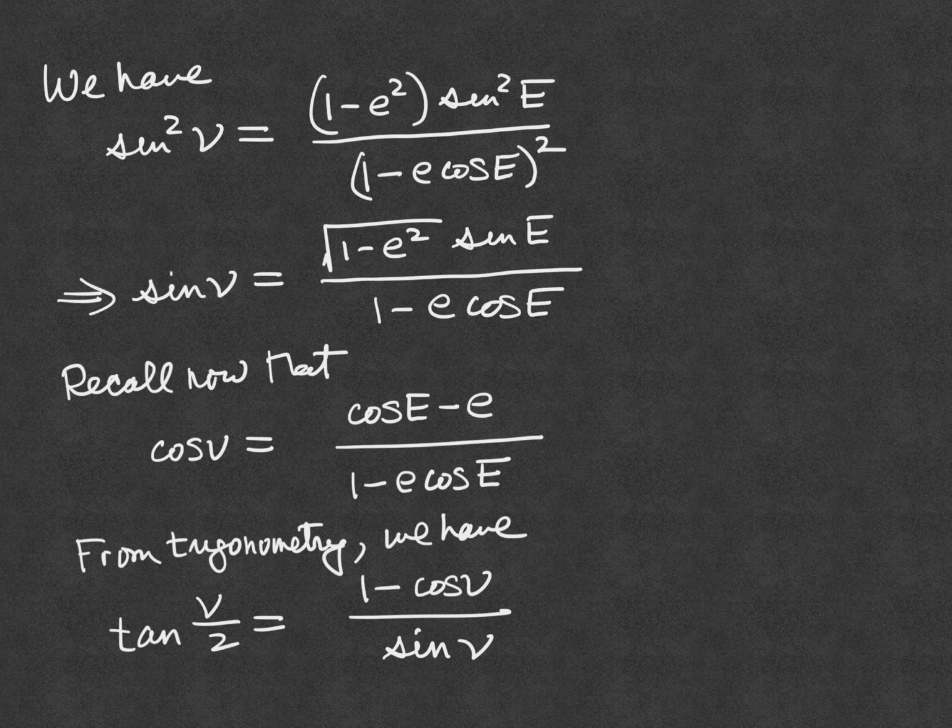So what I can do is substitute these expressions for sine of nu and cosine of nu into this expression to simplify it in terms of the half angle nu over 2. And that works as follows.